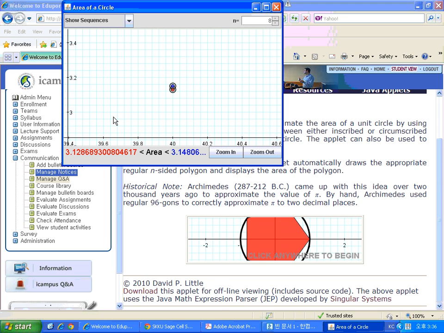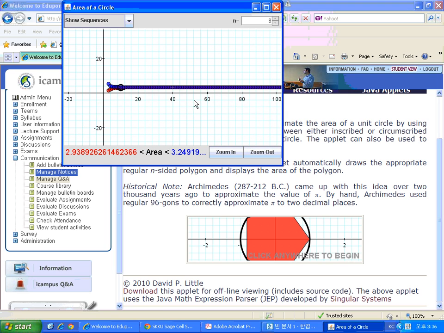If you increase the number of sides, then like you see, the area of the outside and the area of the inside will converge to the real area of a circle.